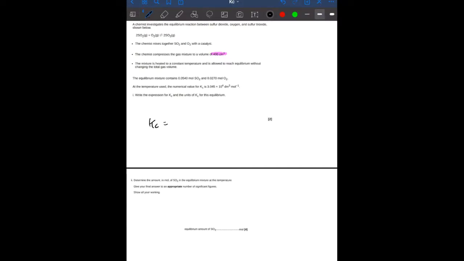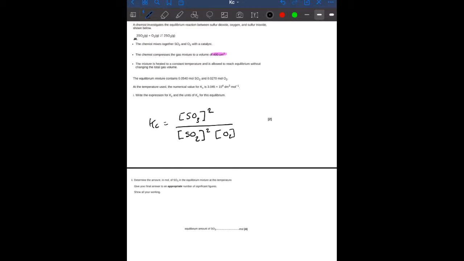So we have got concentration of the SO3 squared divided by the concentration of the SO2, and because it's 2 lots of SO2, squared, times by concentration of the O2. Because we've only got one O2, it's just square brackets O2, no indices. Nice and simple. That's your first mark.